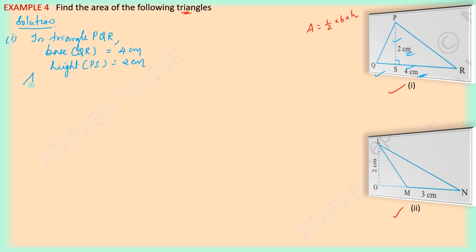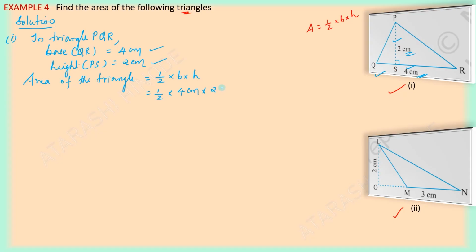Now, area of the triangle equal to, we know the formula, it is half into base into height, or we can write B into H divided by 2 like this also. That is equal to half into, what is base here? Base is 4 centimeters. So 4 centimeters into height is 2 centimeters.